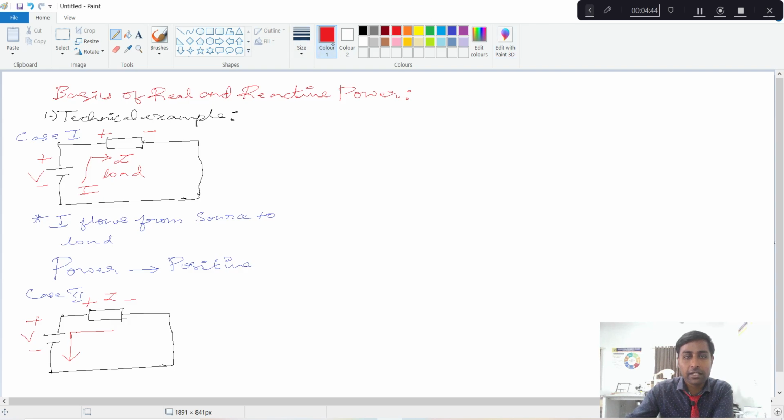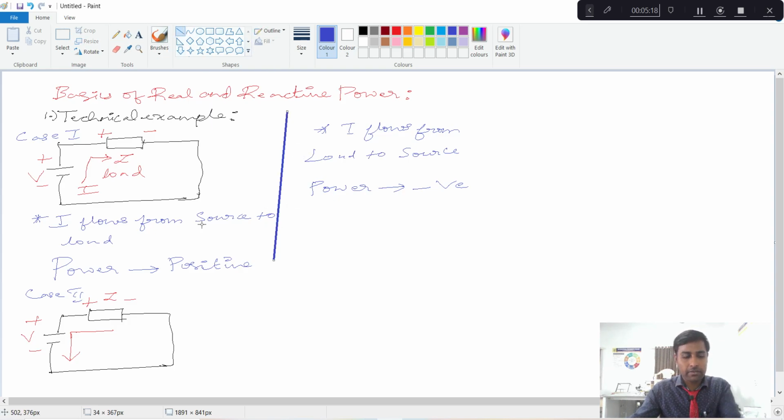So in case 2, current I flows from load to source. You can easily see that power in this scenario will be negative.